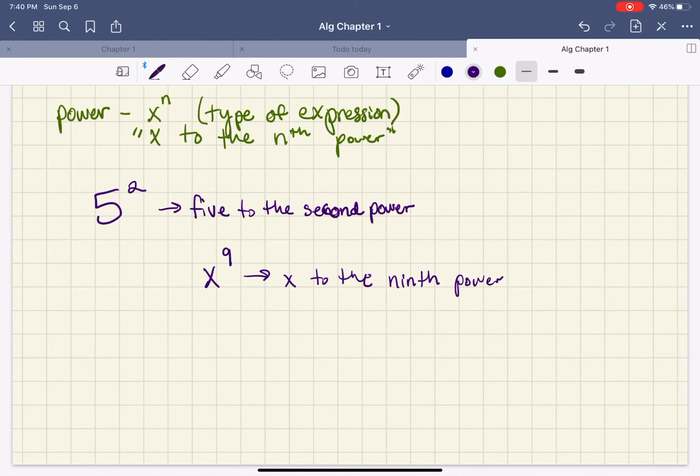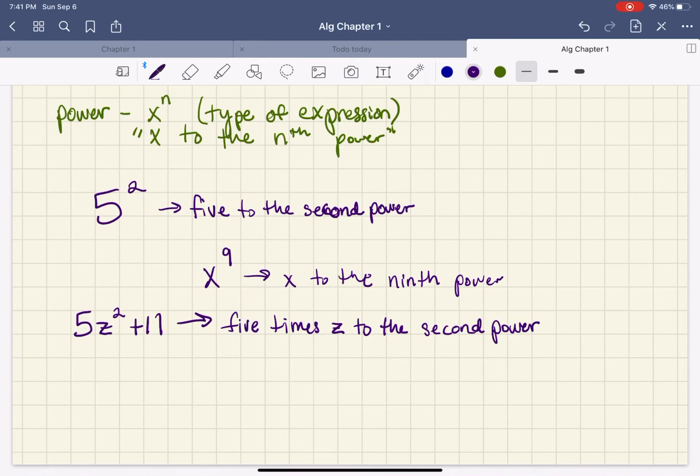Okay. 5z squared plus 11. Oh man, I just said it out loud. That's not what I'm supposed to do. Okay, well, that algebraic expression, the verbal expression, would be basically what I just said. So 5 times z, I'm going to be a little more specific there, to the 2nd power plus 11.